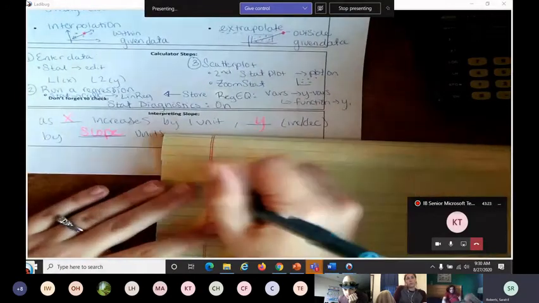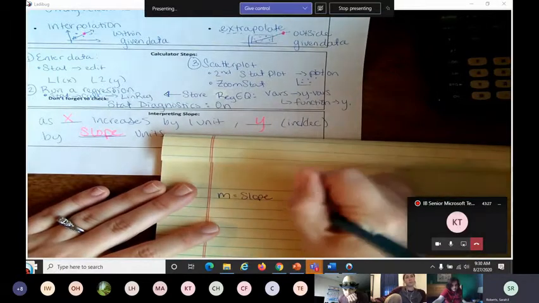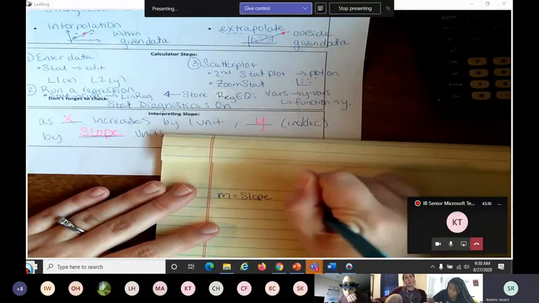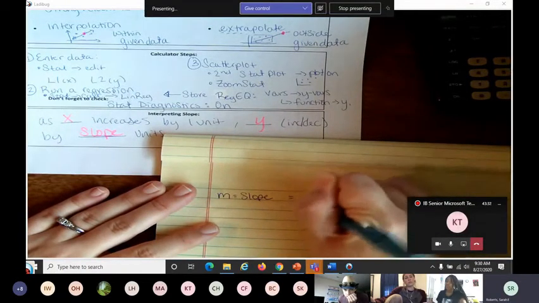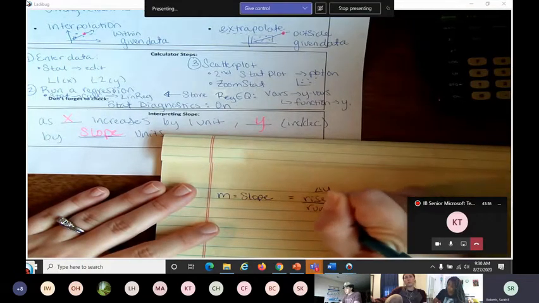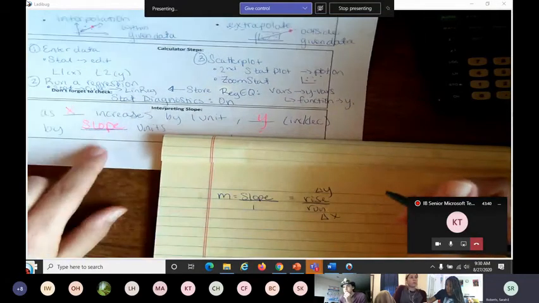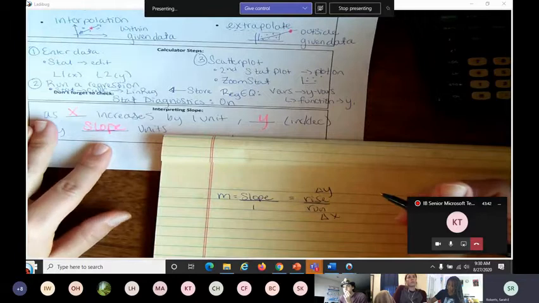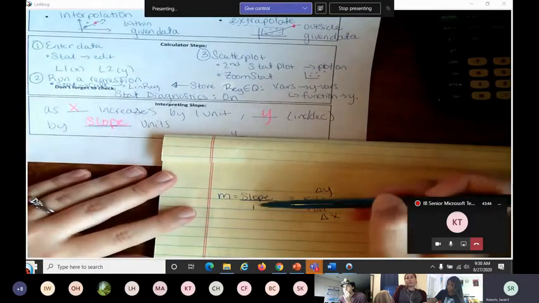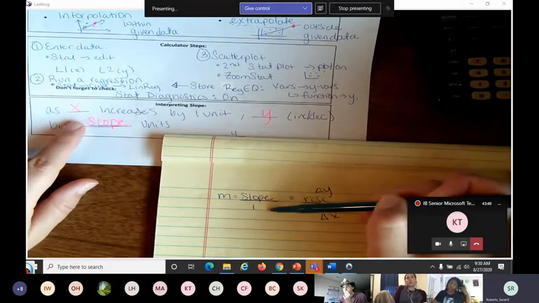So M is your slope, right? Okay, slope is the rise over run. So your changes in your y's over your changes in your x. So we want our slope to be over 1. That's what I wrote out right here, that our y values are increasing by slope units, and then our x values are increasing by 1 unit.